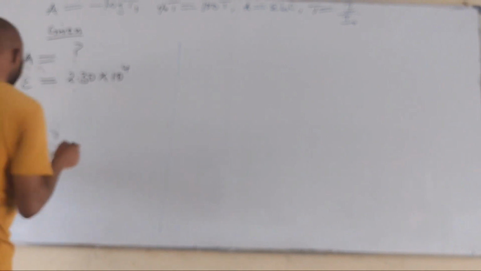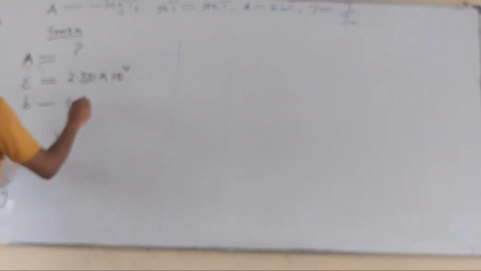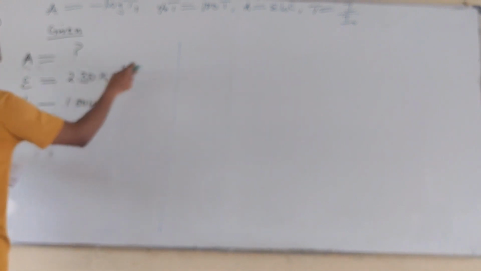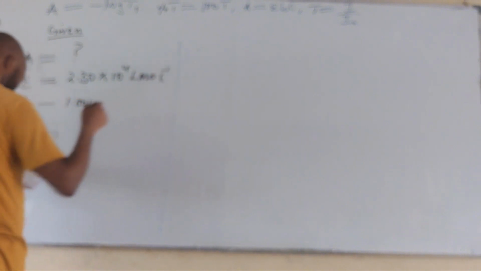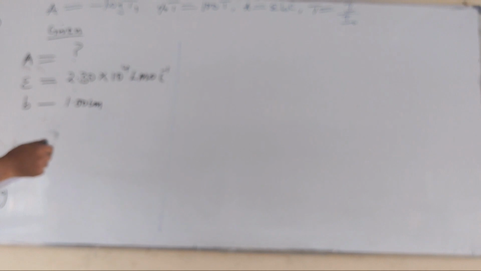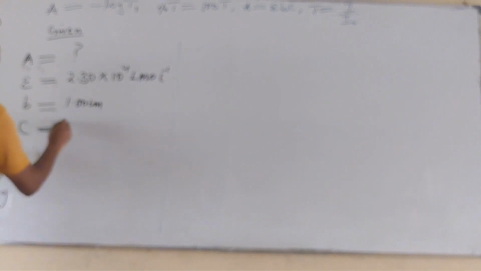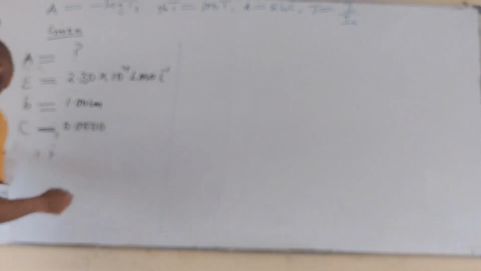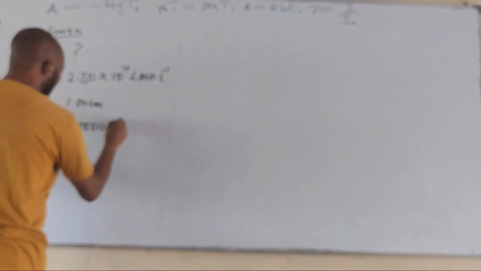The path length B is 1.00 cm. The unit is liters per mole per cm. And the concentration is given to be 0.0000453.